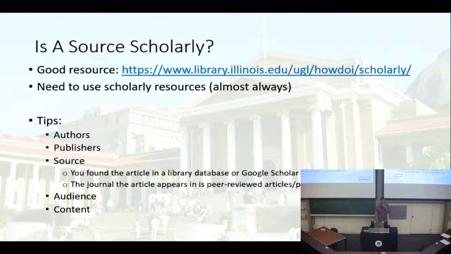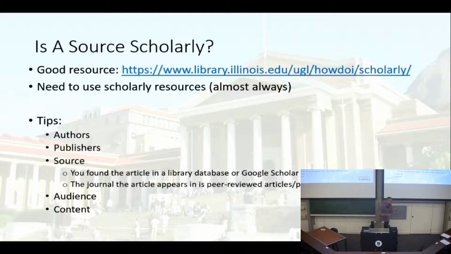Again, Google Scholar is, and I'll speak to that now. Publishers are another thing, and be careful, especially when it's a website and there's no name there. Just don't reference it. It's usually not appropriate.